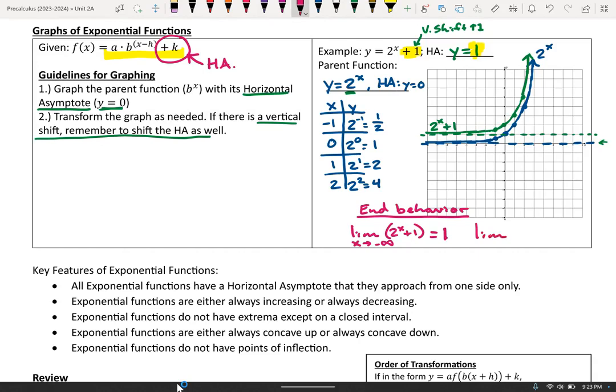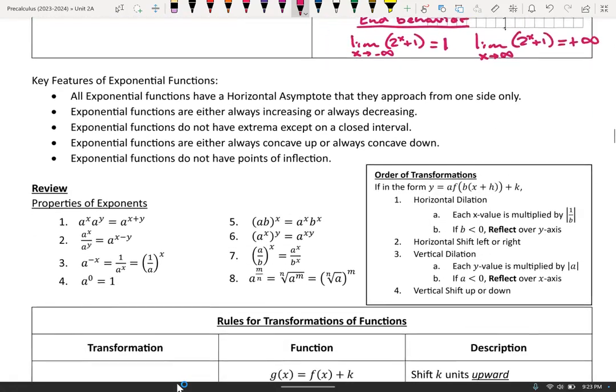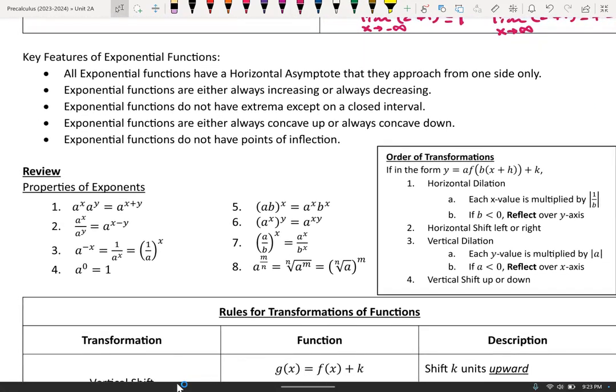However, the limit as we go to the right of our function 2 to the x plus 1 is shooting off and increasing without bound. And so that would definitely be equal to +infinity. So we have a horizontal asymptote on one side and unbounded on the other. And that will always be the case with our exponential functions.